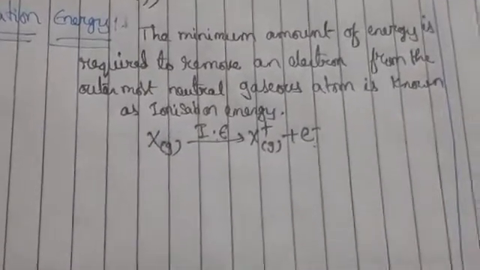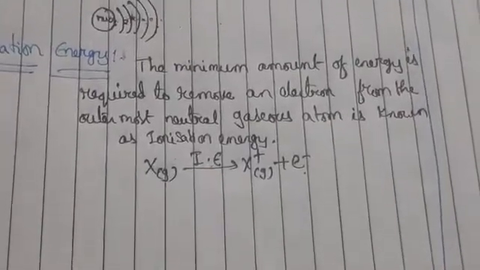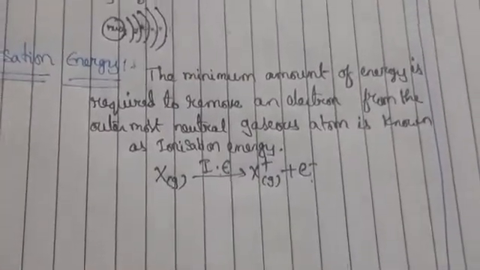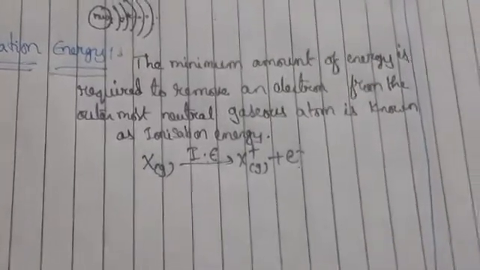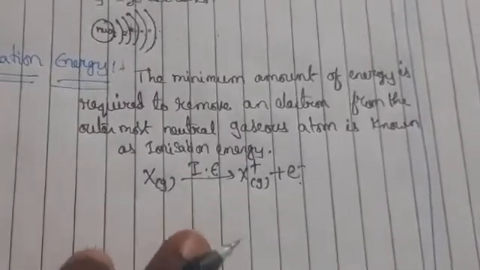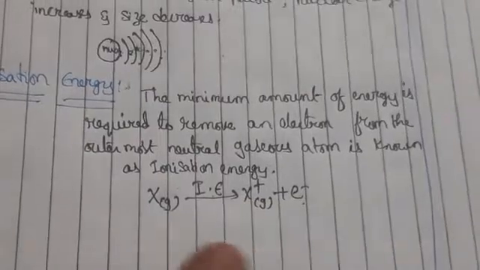We call it ionization energy. In a group it decreases, and in a period it increases. We have second ionization energy and third ionization energy. Coming to the first ionization energy of these elements: boron, aluminum, gallium, indium, thallium.